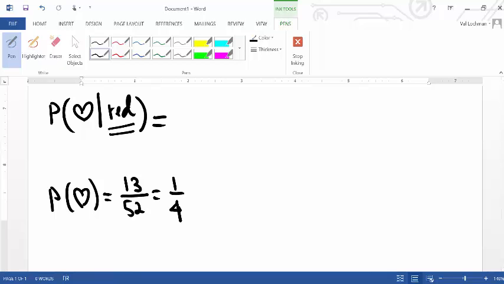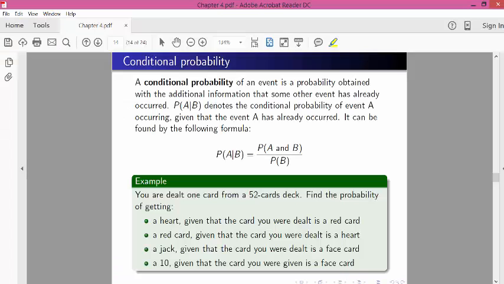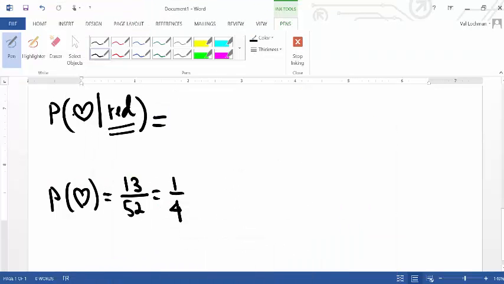So let's go back to the formula and see what it says. Probability of A and B. How many cards are there that are both heart and red? 13 out of 52, right? That's the probability of heart and red.